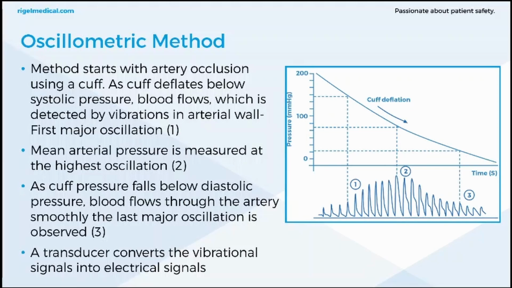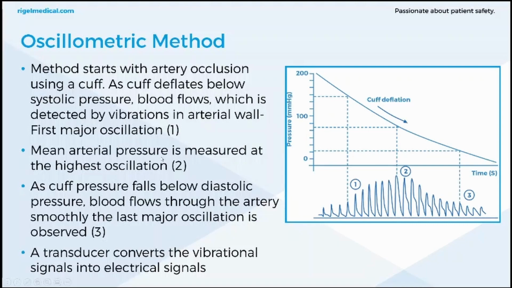You're completely occluding any blood flow, and then as the cuff deflates, the pressure within the arteries starts to be able to overcome the pressure in the cuff. And your first major oscillation, this is systolic pressure. So if you've ever wondered how a cuff measures, it's measuring an acoustic profile within the arm, and it's using this to see where the first major oscillation is, and then it establishes, okay, that's systolic pressure.